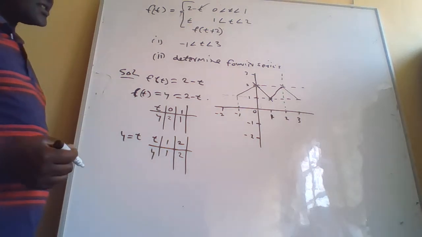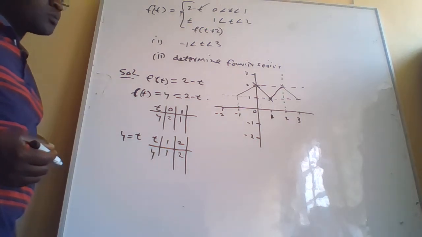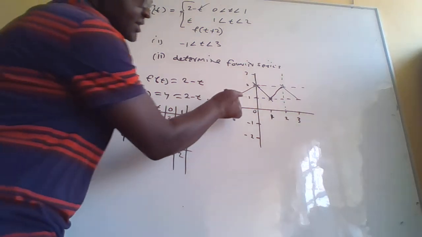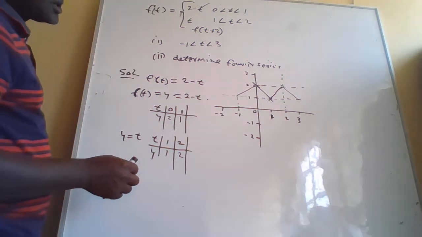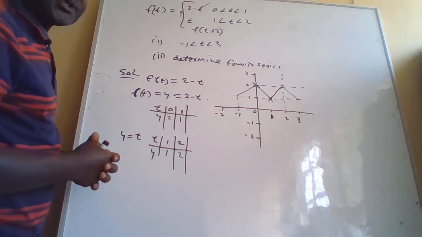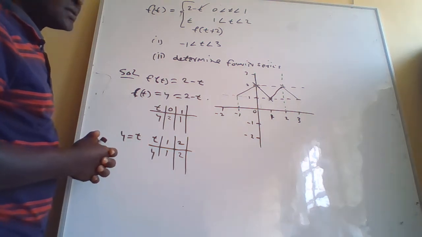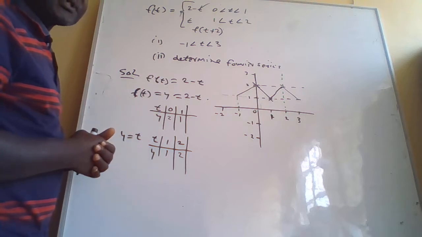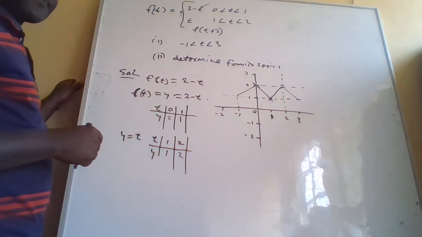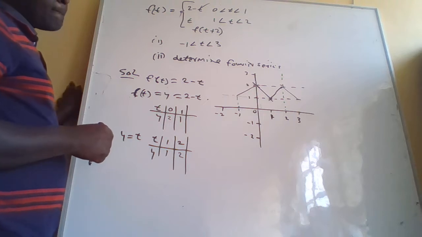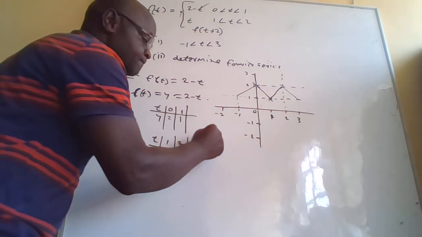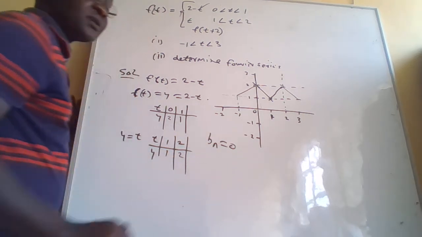Now after we have sketched this, we can now proceed to get the Fourier series. But the sketch is going to assist us because, as you can see, the graph is symmetrical about the y-axis. When the graph is symmetrical about the y-axis, it means that bn is 0.